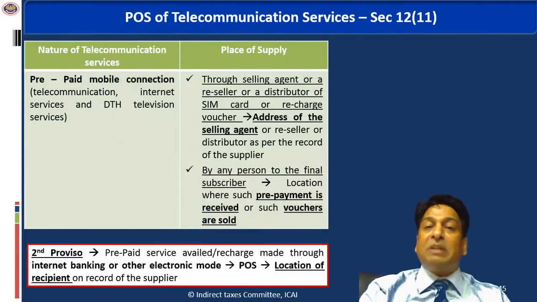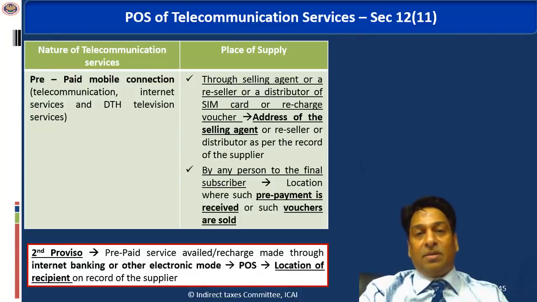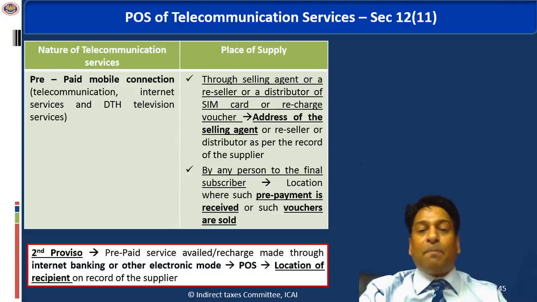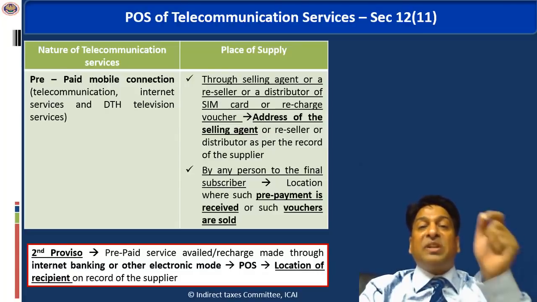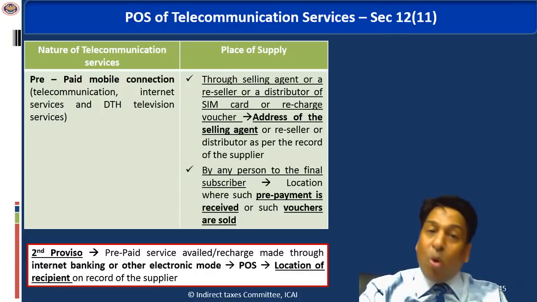Now what happens in case of prepaid mobile? In that case, place of supply would be the address of the selling agent. In any other case, what happens? Place of supply would be the location where such prepayment is received or such vouchers are being sold.